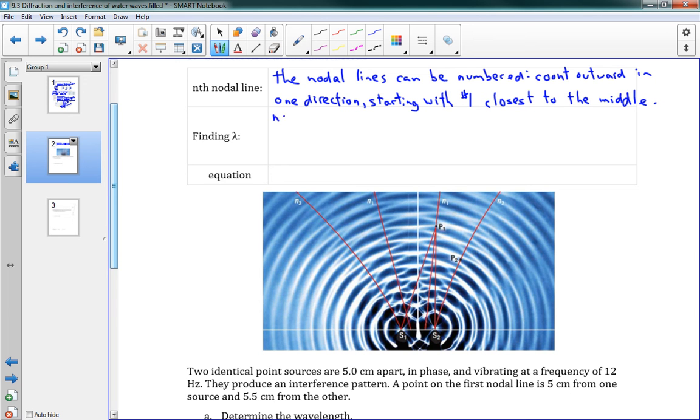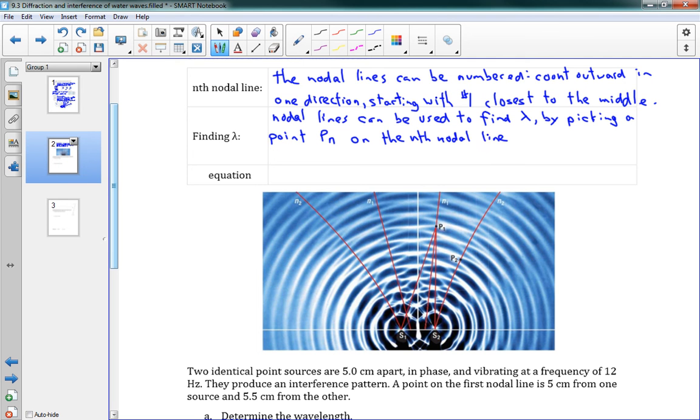So finding lambda, the nodal lines can be used to find lambda by picking point Pn on the nth nodal line and using the distance to it from each source.